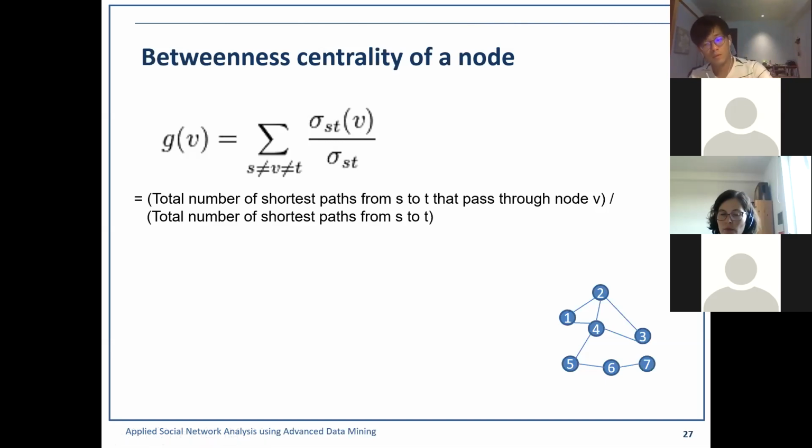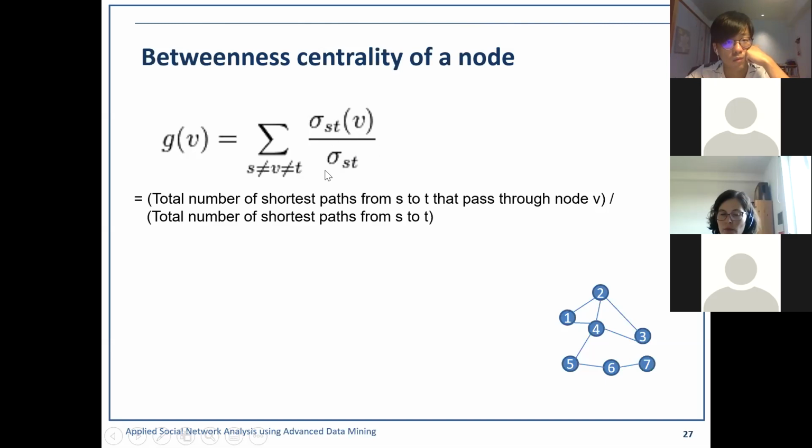Again, we are calculating the betweenness of node 4, so V is now 4. I choose any combination of two nodes in our network. So S and T could be 1 and 2, then 1 and 3, 1 and 7, and so on.